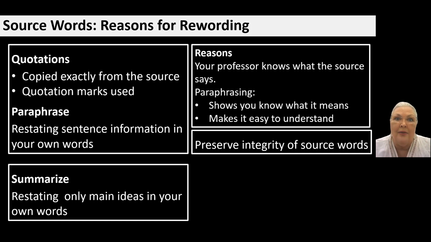Sometimes it is necessary to use the exact wording from the source. 2 instances that we can think of would involve, if I'm quoting what a politician said, then the exact wording may be appropriate. I may not want to paraphrase that. Or, for instance, part of a company's mission statement or vision statement.